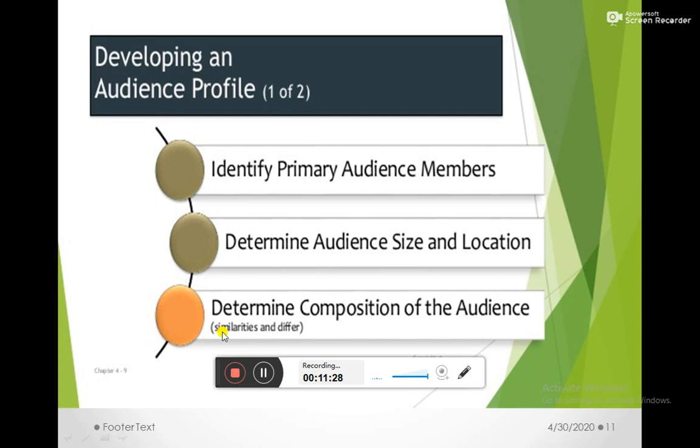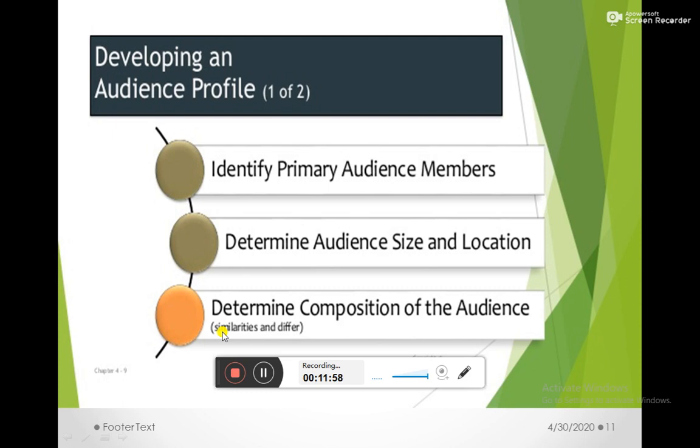The third point is to determine the composition of the audience. It means look for similarities and differences in culture, languages, age, education, organizational rank and status, attitudes, experience, motivations, bias, beliefs, and any other factors that might affect the success of your message.